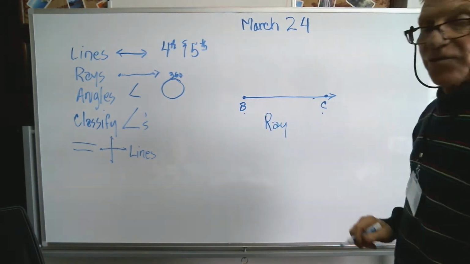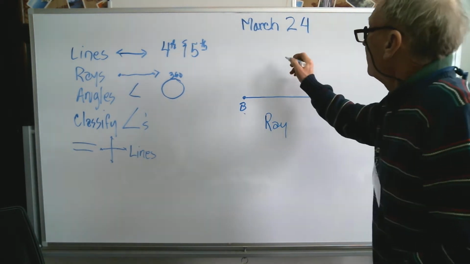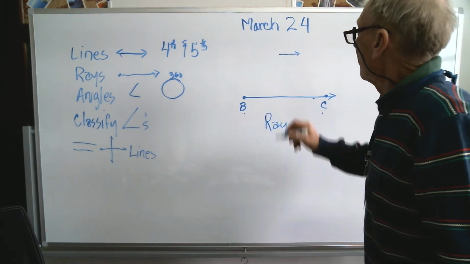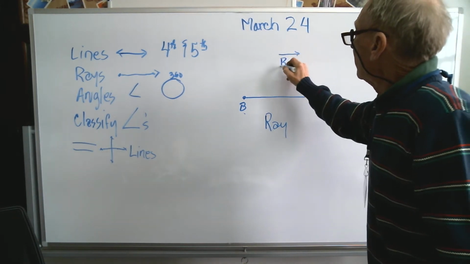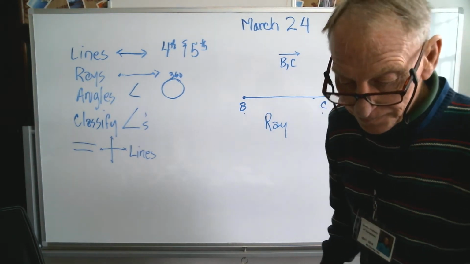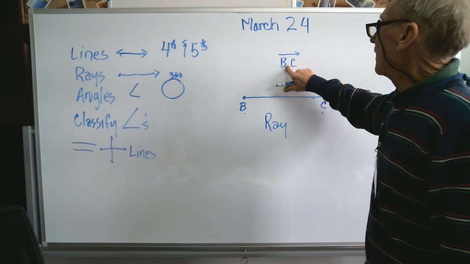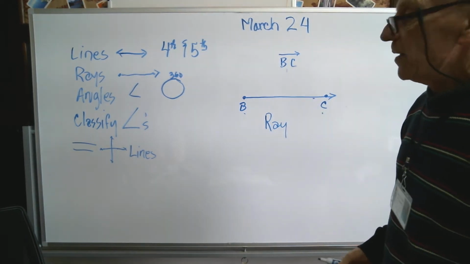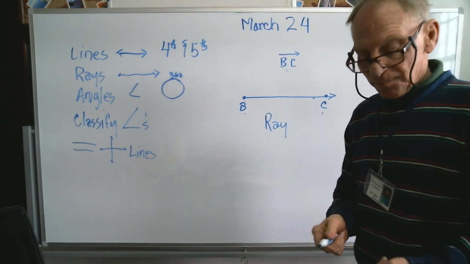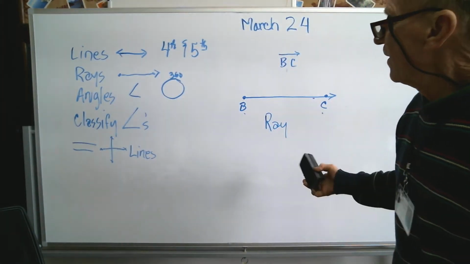Goes in one direction. How would I notate that mathematically? Well, you use the same symbol. And then, of course, it's defined BC. That's pretty easy, huh? Now, you don't necessarily have to put a comma in there. You can just write the 2 letters of the 2 points defining that ray.